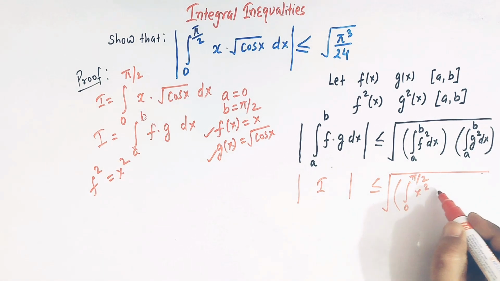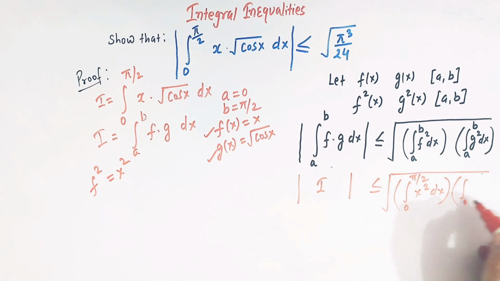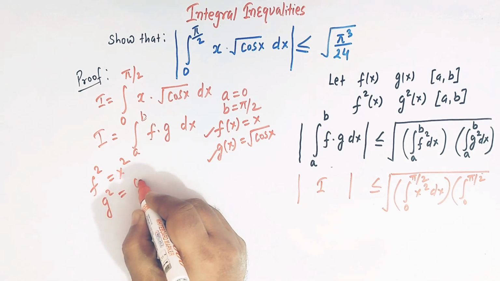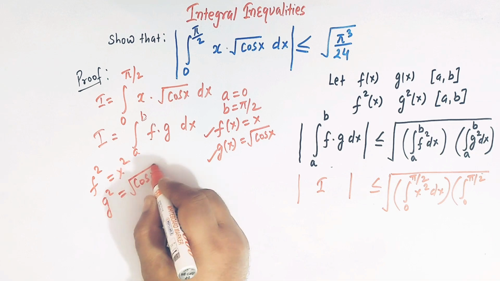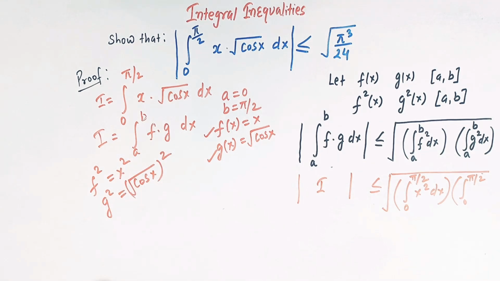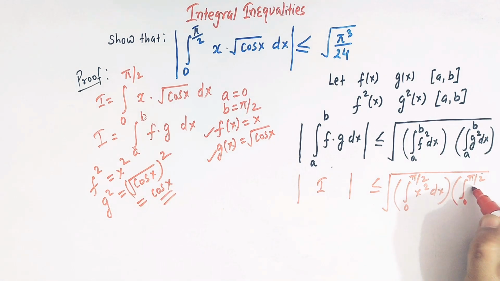So here we have x squared dx, and the second integral is again from 0 to pi by 2, and we have g squared. So g squared is the square root of cos x squared, so this is cos x. So here we have cos of x and dx.